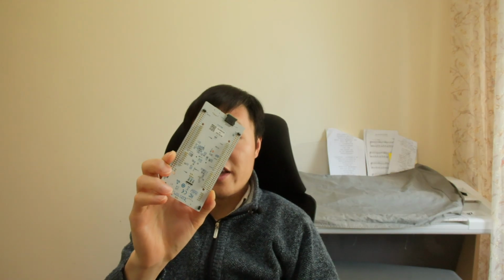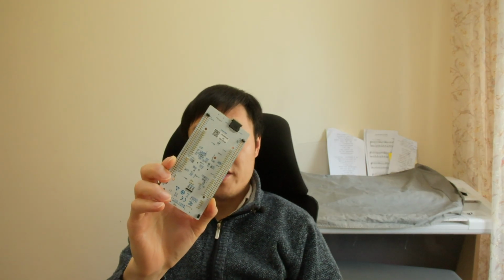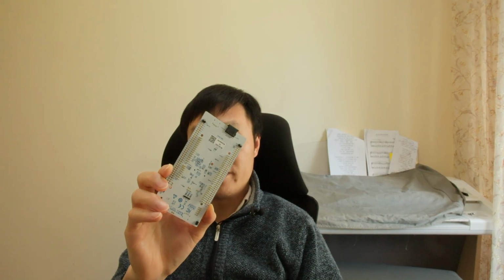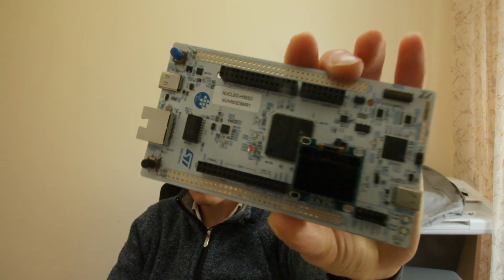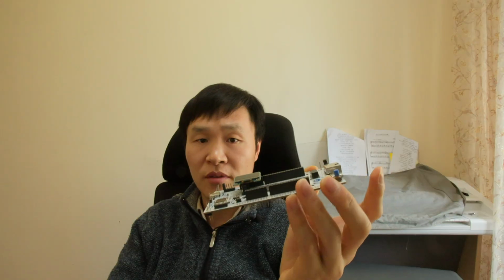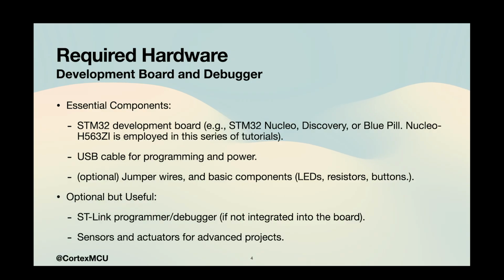You can see here the board of the Nucleo H563ZI. There are two Type-C connectors. You can connect to the board by a USB cable, and then you're able to debug and download the firmware onto the board. The USB cable is essential for programming and power.